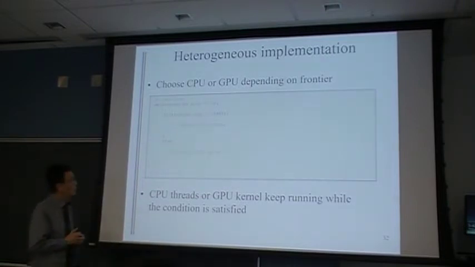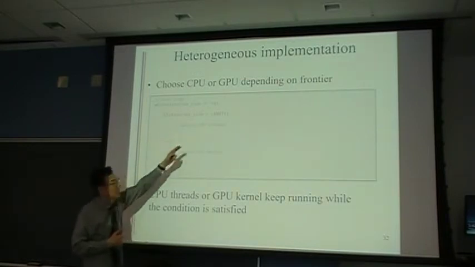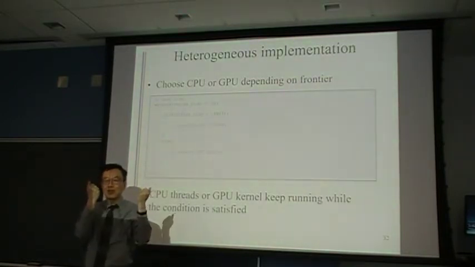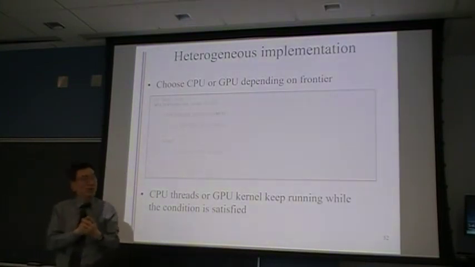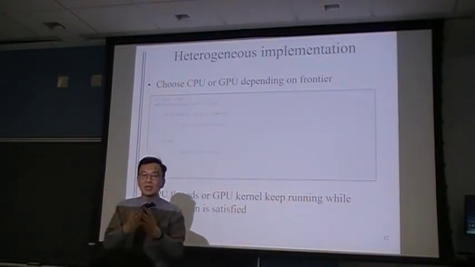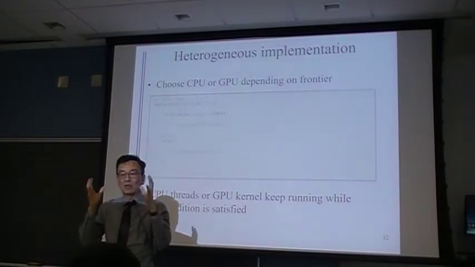So when we look at the CPU and GPU frontier results, we can just say, okay, if the frontier size is smaller than a certain amount, let's use the CPU. And if the frontier size is big enough, let's use the GPU. So this is coarse grain task collaboration.